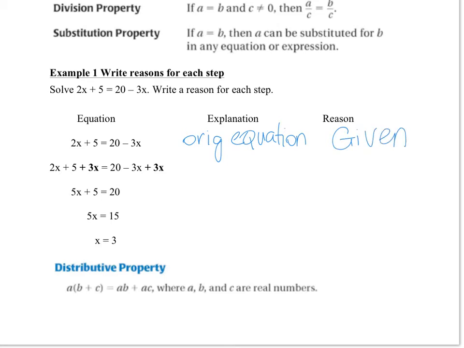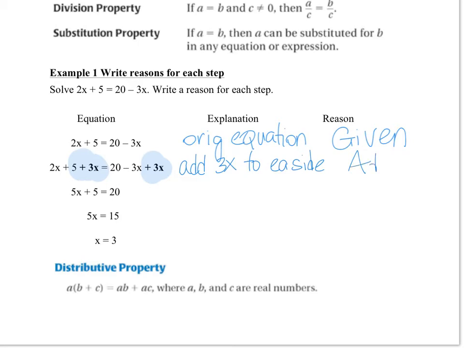Okay, take note of what's happening in the next step. What's happening in the next step is that you see I am adding the same thing to both sides. And what is that called?